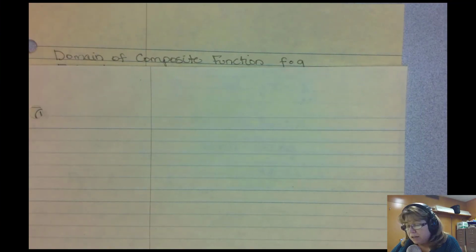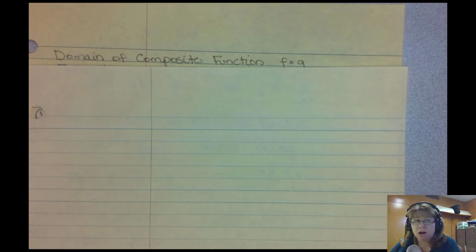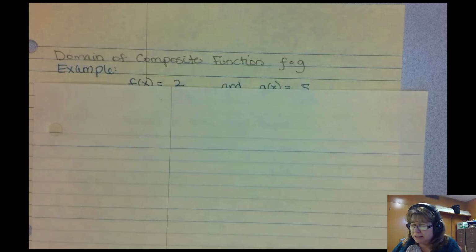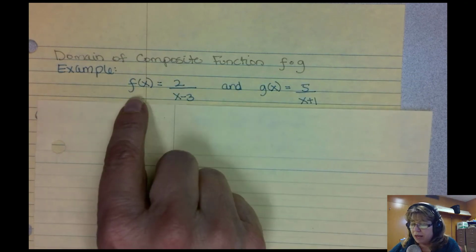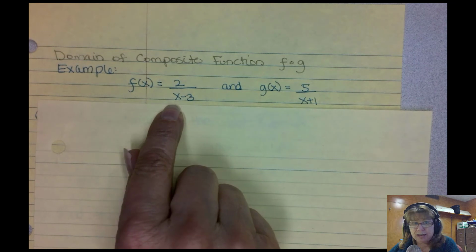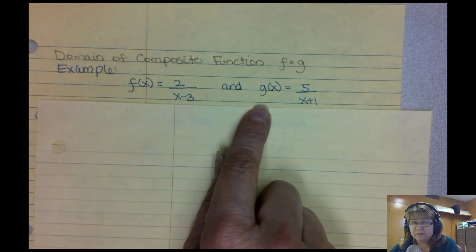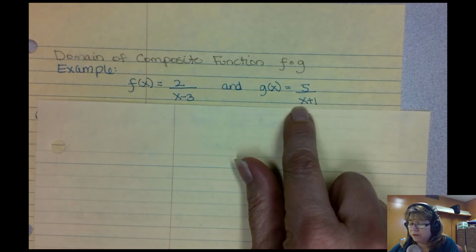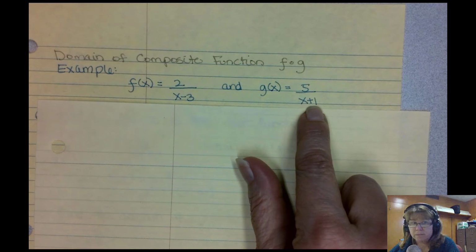The domain of a composite function. Again, we're going to have to make sure that our domain of the composite meets all of the specifications of each function themselves. Okay, so let's take an example. F of x is 2 over x minus 3, and g of x is 5 over x plus 1.